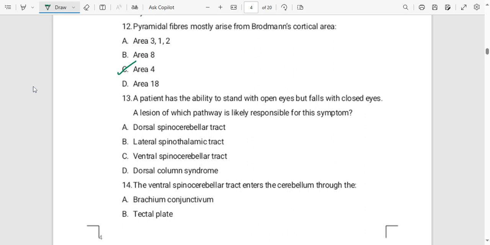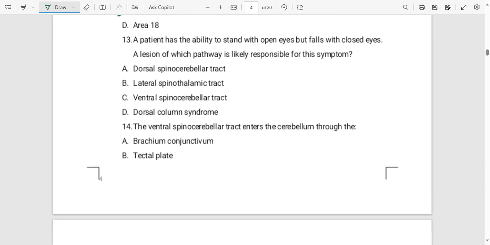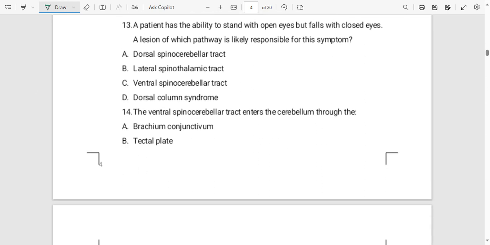Okay. Question 13. A patient has the ability to stand with open eyes but falls with closed eyes. A lesion of which pathway is likely responsible for this symptom? Dorsal spinocerebellar, lateral spinocerebellar, ventral spinocerebellar, dorsal column syndrome.